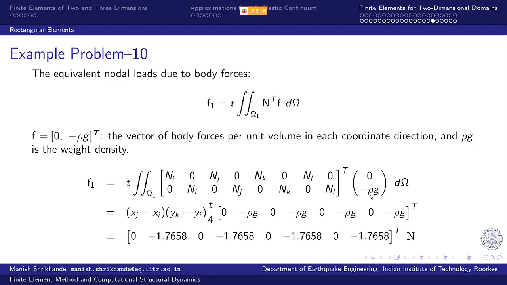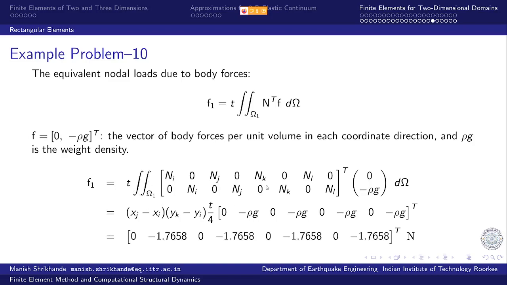So 0 and minus rho g, because the self weight would act vertically downwards, and positive sense is assumed to be upward positive. So the body force sign is negative, and this is of course the weighting function matrix that multiplies it.